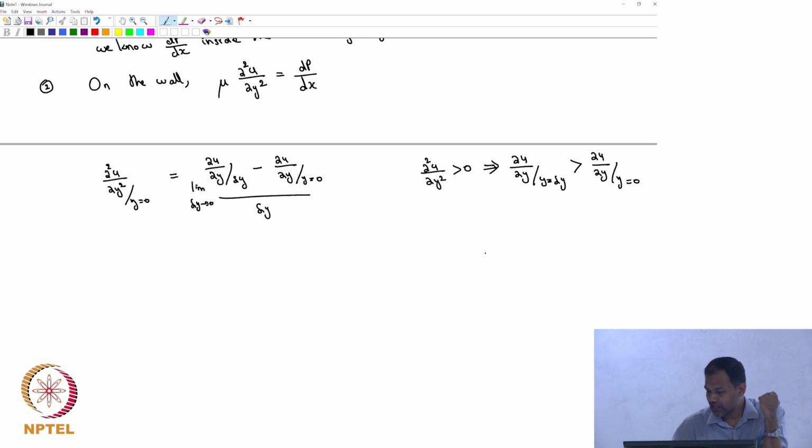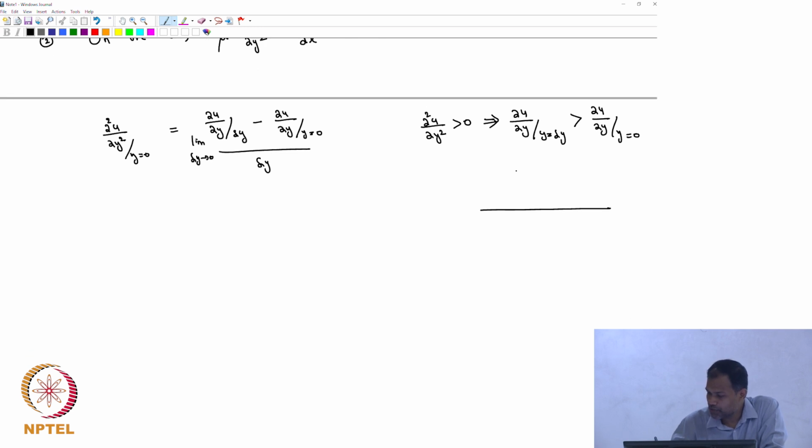So that would mean that in my velocity profile, at 0 the slope is smaller and above it the slope is larger. So it has to be that or this.